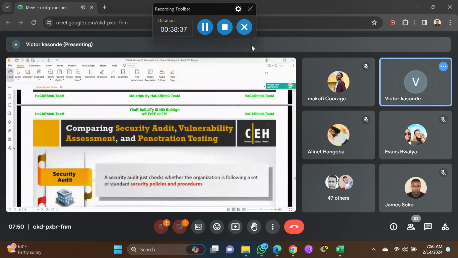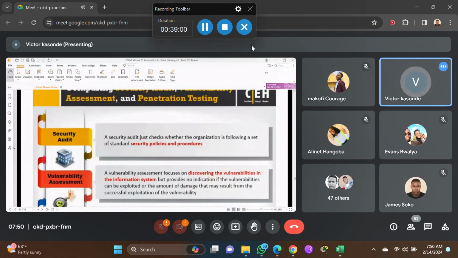So I want you to pay much attention on this one. If I want, I can ask you to differentiate the following. What is the difference between security audit, vulnerability assessment, and penetration testing?